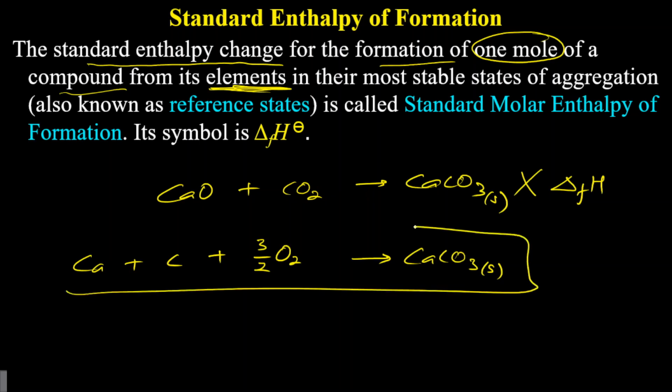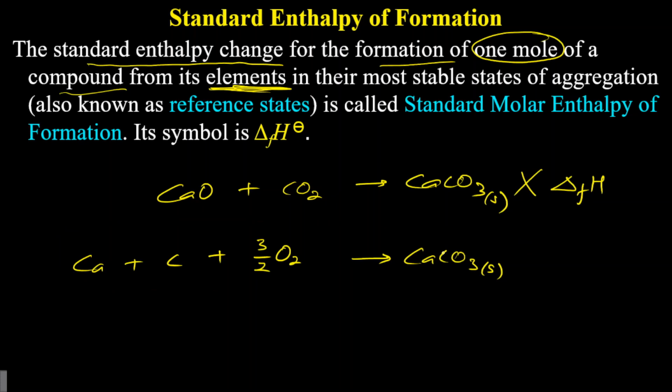This represents the enthalpy of formation, because you are getting 1 mole from its constituent elements, which must be in their standard form, also known as the reference state at room temperature.